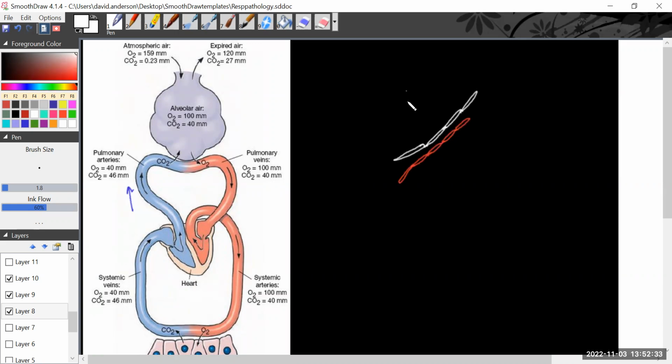If the partial pressure of oxygen is 100 on this side and 40 on this side, then we have a great concentration gradient that's going to favor movement in this direction. Gases don't require channels or special passageways. They can dissolve across those membranes.